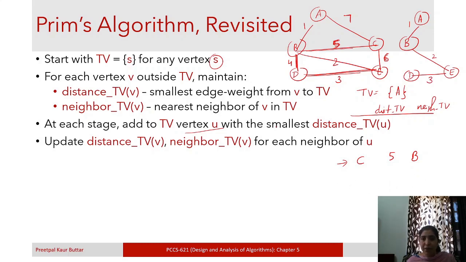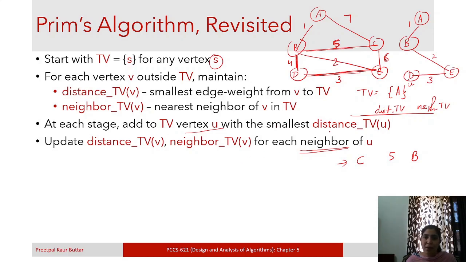Now we will update C. C is not a neighbor of D, so we cannot update it because we are updating this for the neighbors of U. Here U is D, because we have added D most recently to TV. So for each neighbor of U which is not there in TV, we will update it.